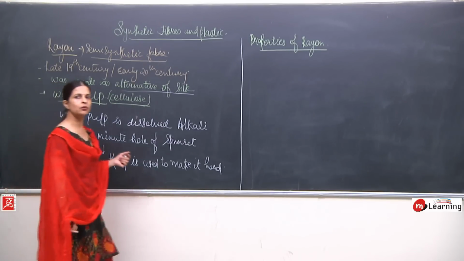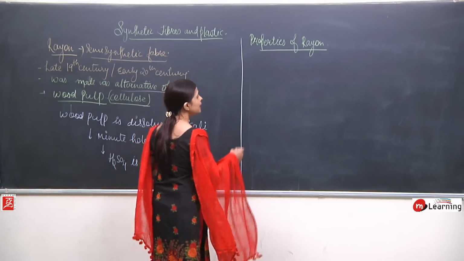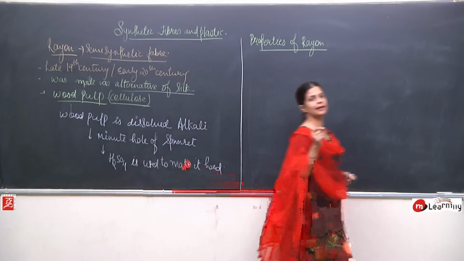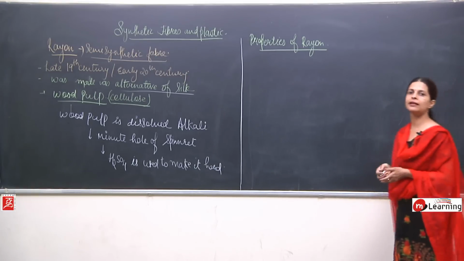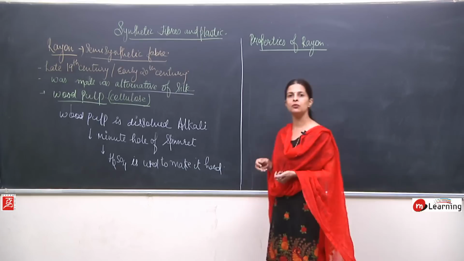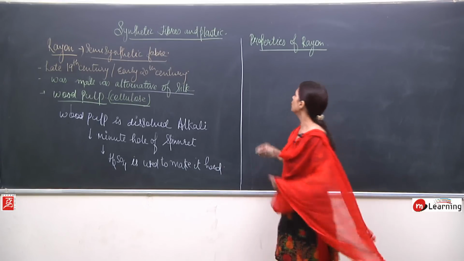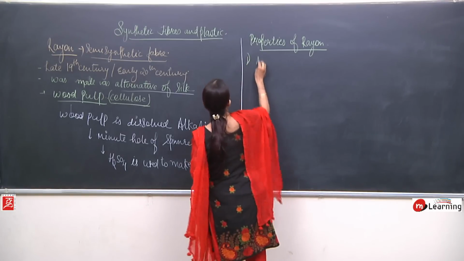When it can be used as the alternative of silk, that means it has to look like silk. This is very, very important, that it has to look like silk, and then only it can be used as an alternative. So appearance is like silk.